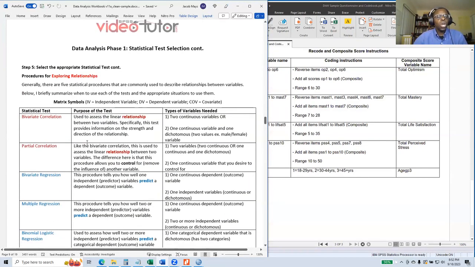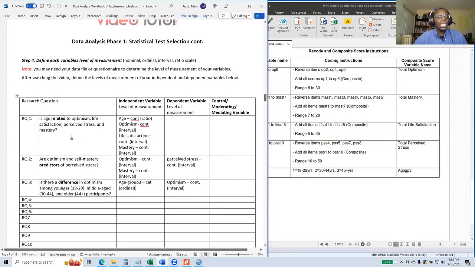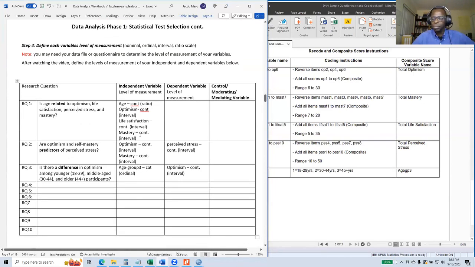All right. So let's go back to our question. Is age related to optimism? Is age related to life satisfaction? Is age related to perceived stress? And is age related to mastery? So age is being looked at in comparison to optimism, life satisfaction, perceived stress. And these are all continuous.